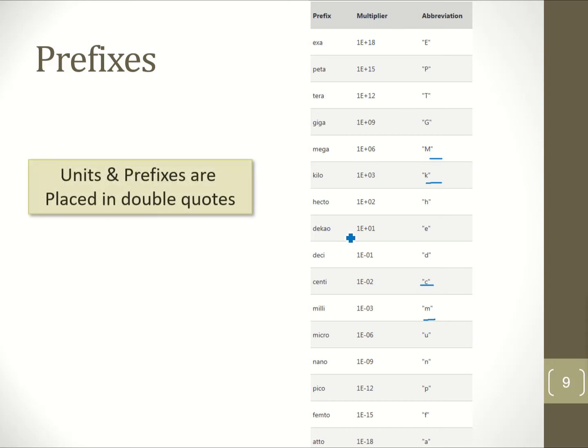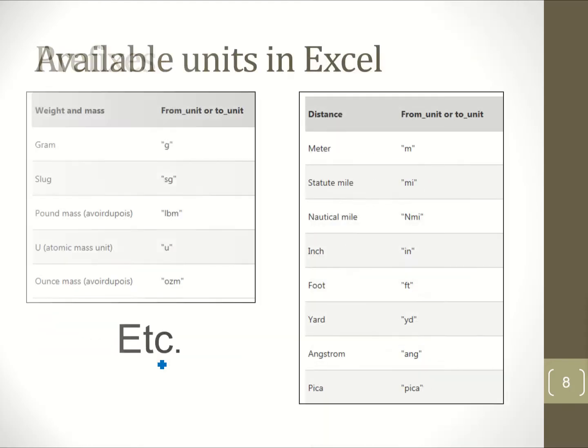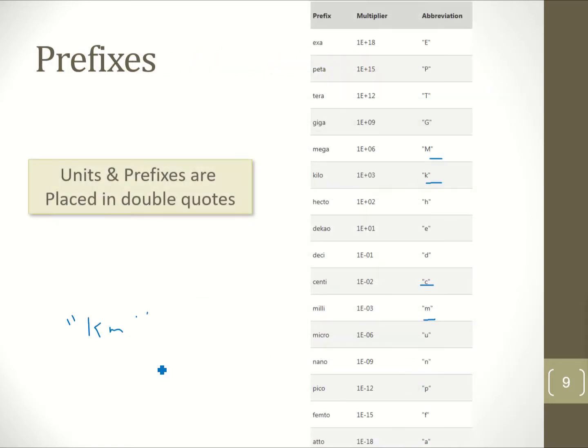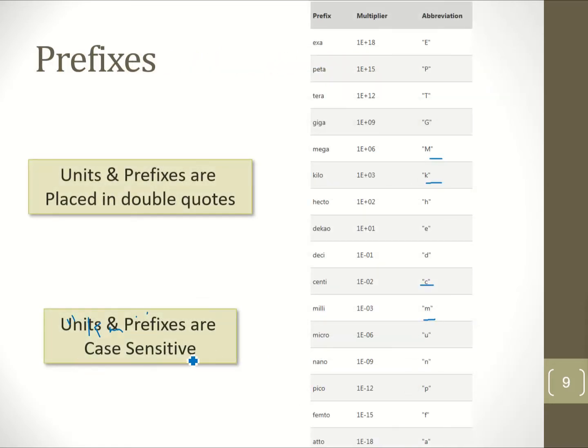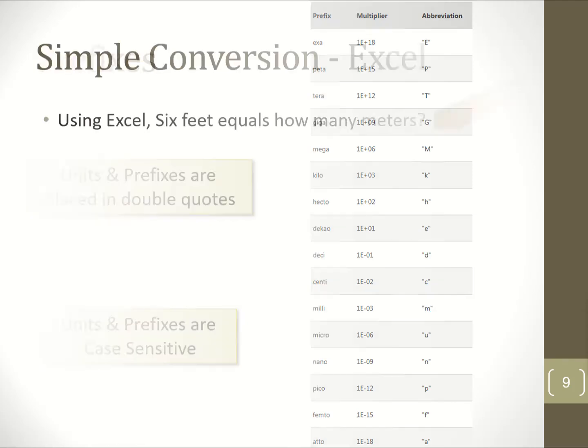Those are also placed within double quotes, so we can do something like KM. The other thing you need to know is that these prefixes are case sensitive, so be very careful. There's a capital M and a lower m, so we need to be very careful because they are case sensitive.